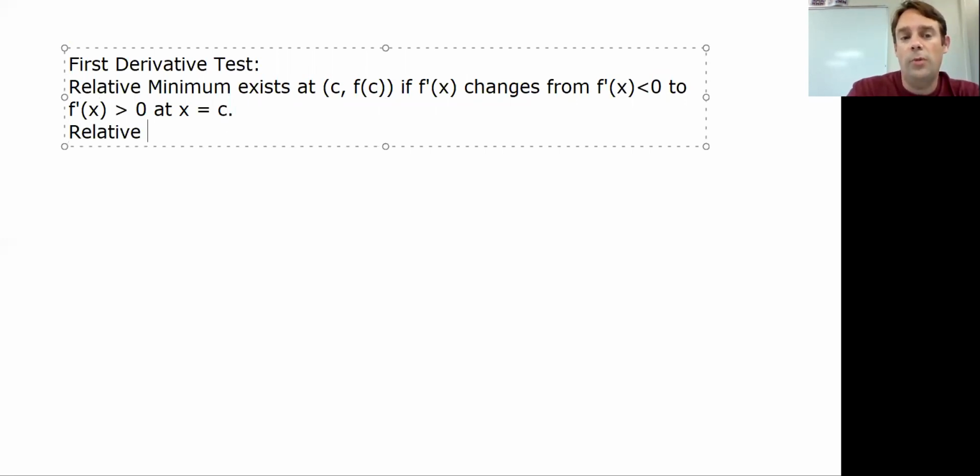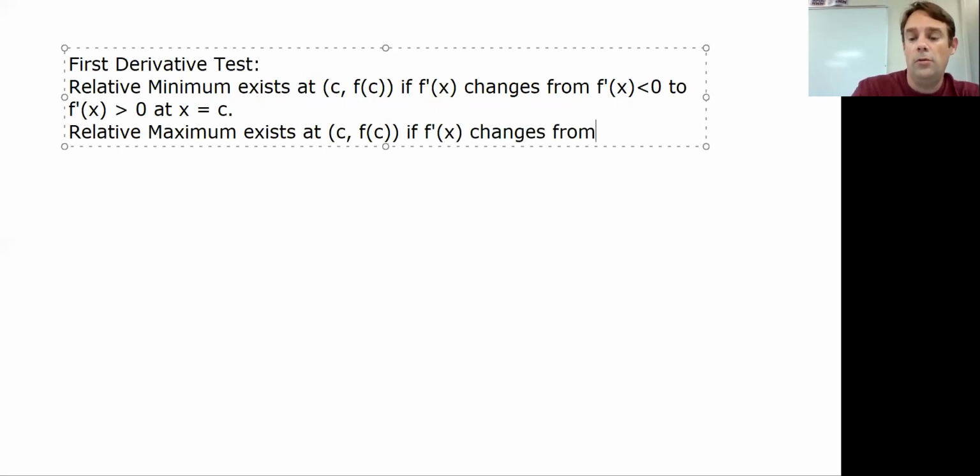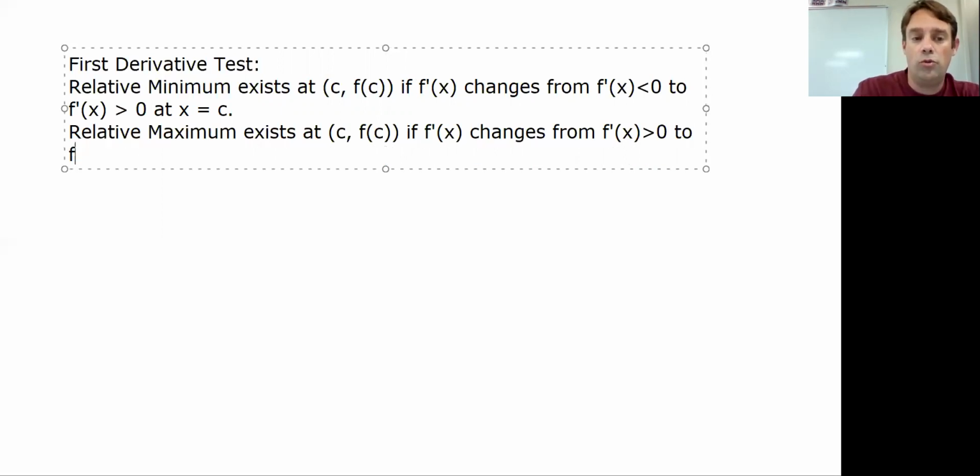A relative maximum exists at that point if the derivative changes from a positive derivative, in other words, an increasing domain, to less than 0 at x equals c.